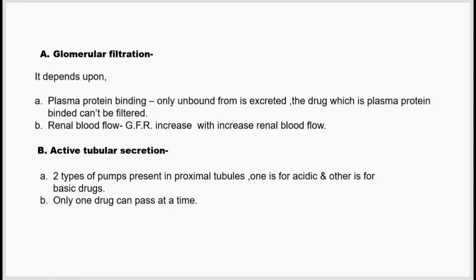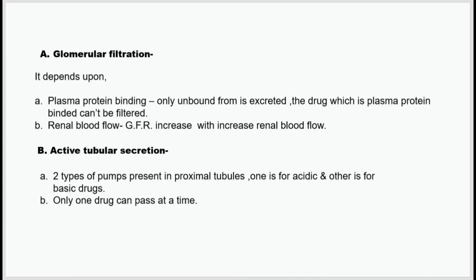Active tubular secretion. Two types of pumps are present in the proximal tubules. One is for acidic, the other is for basic drugs. Acidic pumps secrete organic acids, for example penicillin, salicylates, uric acid, etc. Basic pumps secrete organic bases, for example morphine, mecamylamine, hexamethonium, etc. This process mainly occurs in the proximal tubule.